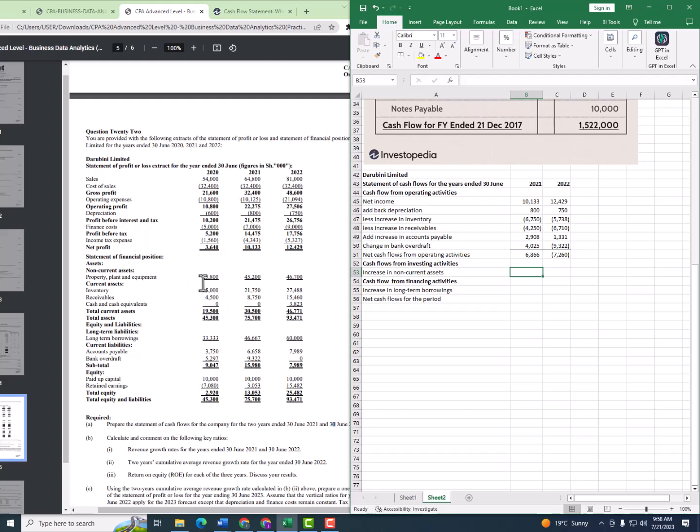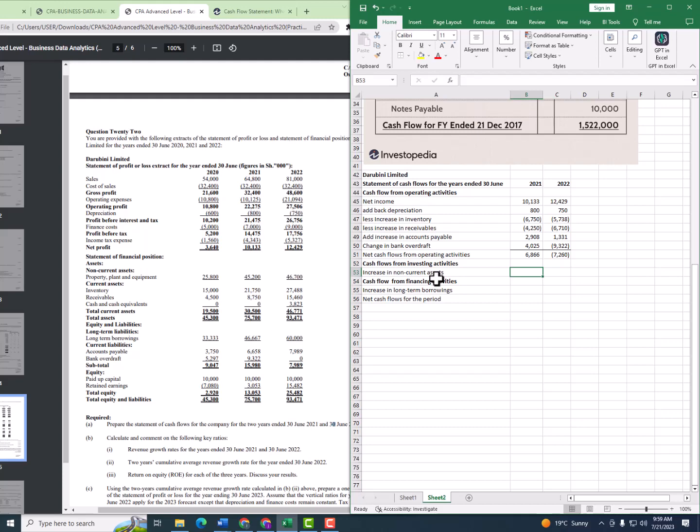So we assume that every increase in property, plant and equipment was due to acquisition. So how do we calculate that? For 2021, it was an increase in non-current assets, and therefore it was a negative cash flow. We bought the non-current assets. It is the assumption that we make. So it is going to be negative.